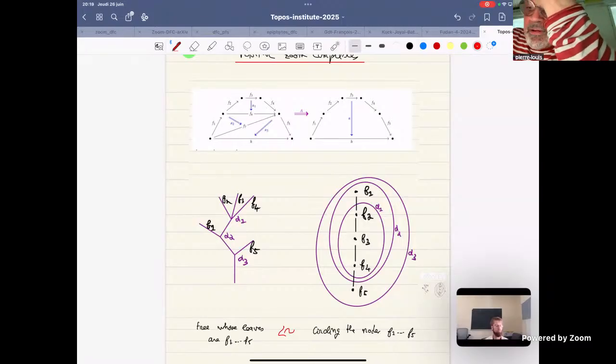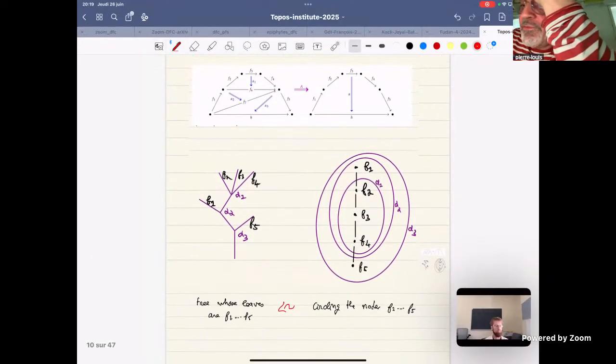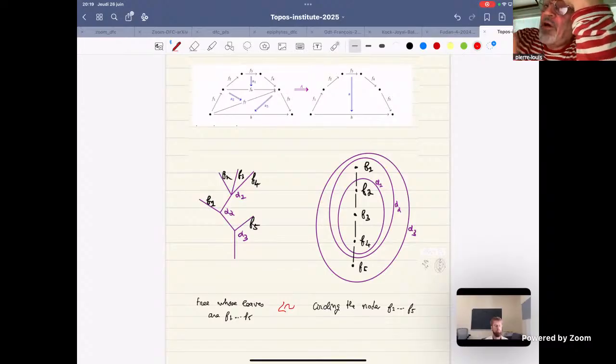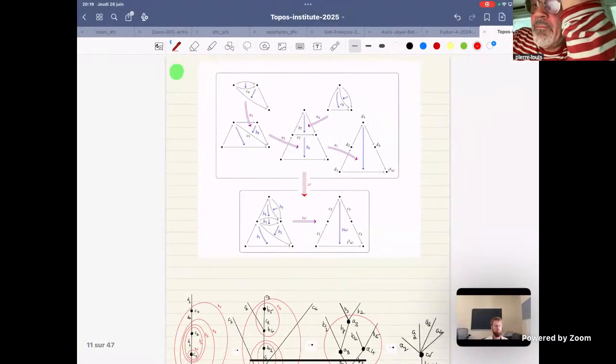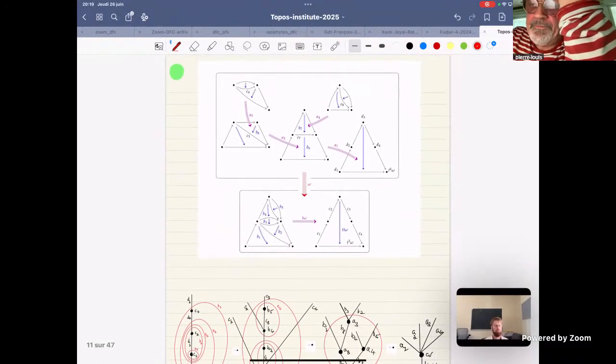If you do a circling of the nodes of some tree, you get the same thing as to build another tree whose leaves are the nodes of the previous tree. Okay. So before going on, this is an example of a 4 Opetope.